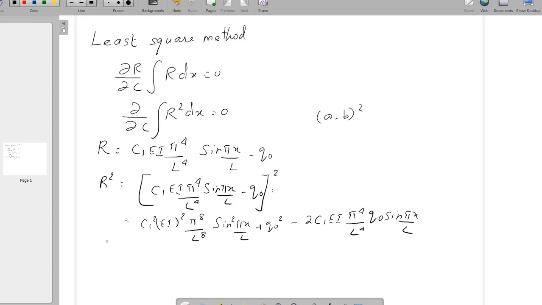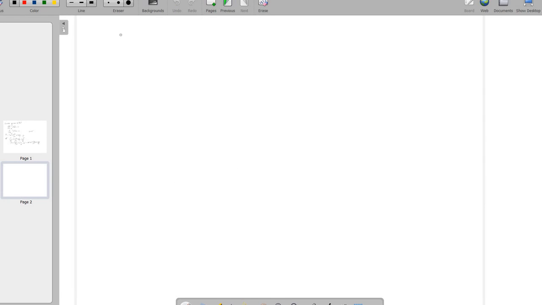So next thing is integration of R square. Integration of R square dx. So integration of the above equation, the previous equation: C1 square EI the whole square pi power 8 by L power 8 sin square pi x by L into dx.